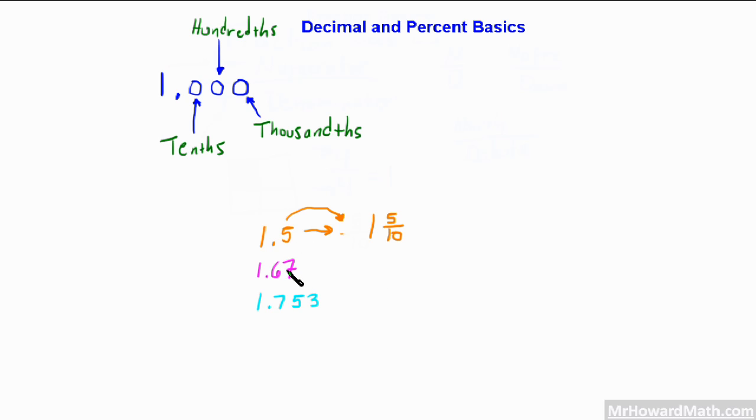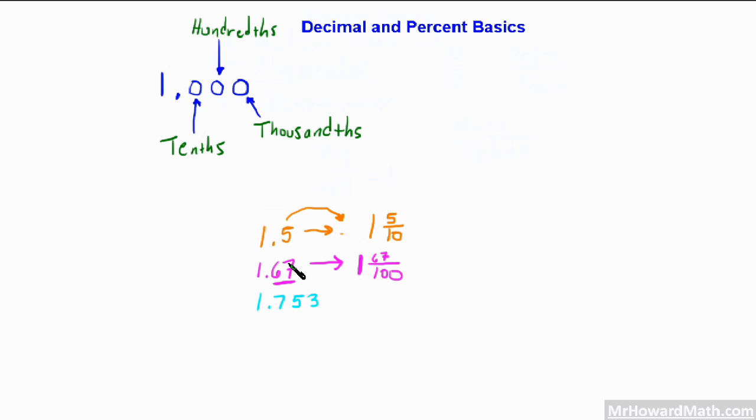And then 67 hundredths, what does that mean? 1 and 67 hundredths is going to be 1, like we talked about, and 67 over 100. 67 hundredths. And then this piece right here is the 67 over 100, right?